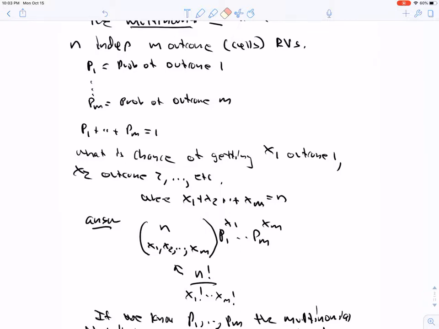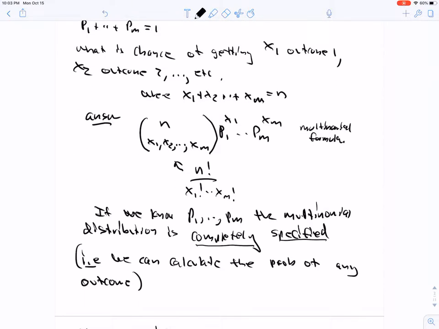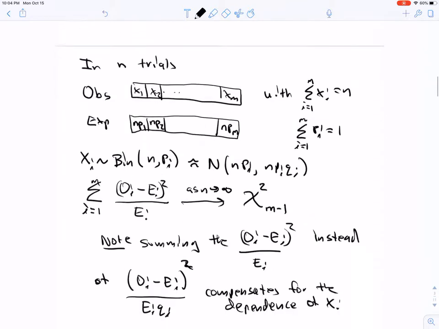The answer is given by the multinomial formula, which is the generalization of the binomial formula. If we know p1 to pm, the multinomial distribution is said to be completely specified. In other words, we can actually get a number when we calculate this.